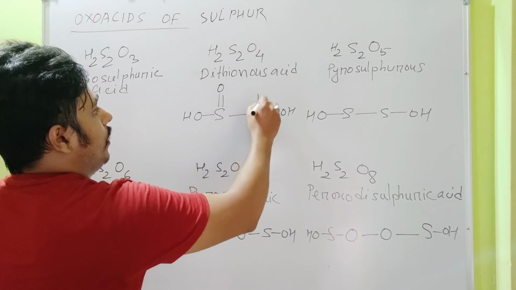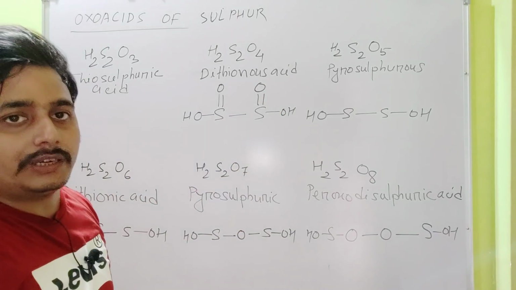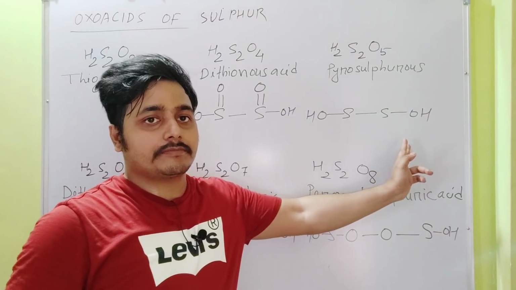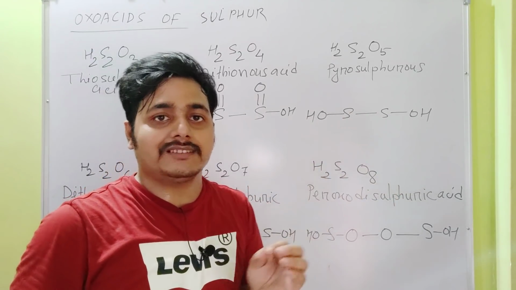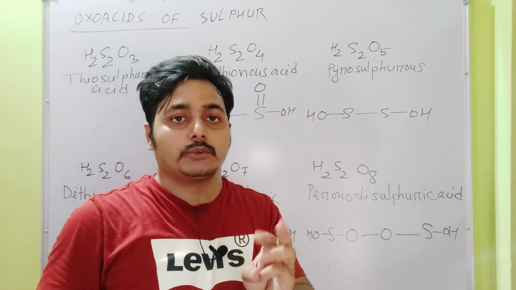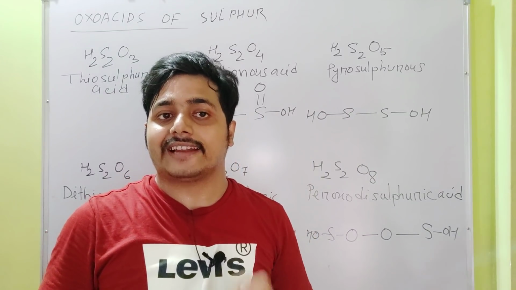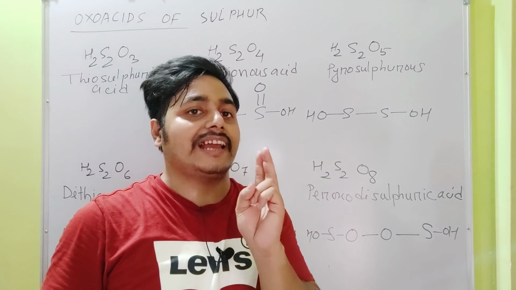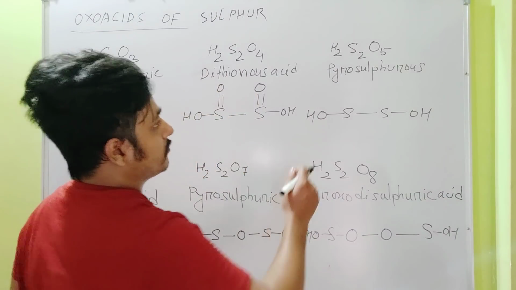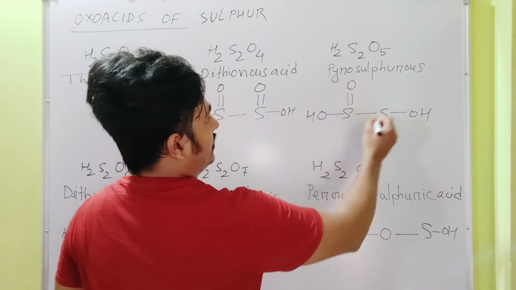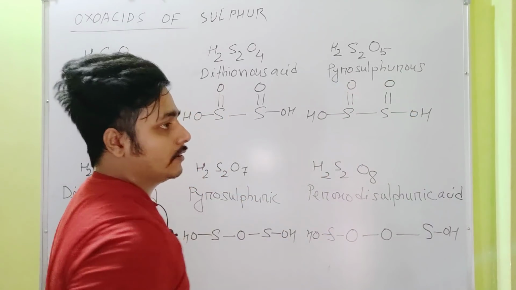One is here, one is here. In this case, we have placed two oxygen atoms. That means this compound is left with three more oxygen atoms, all double bonded. So place them. One is here, one is here.